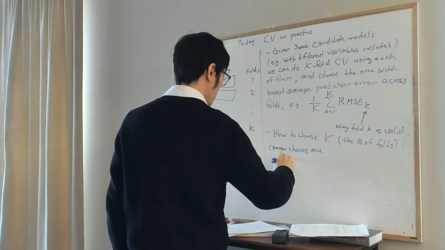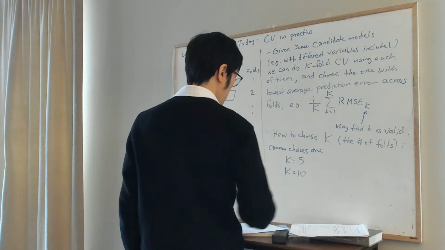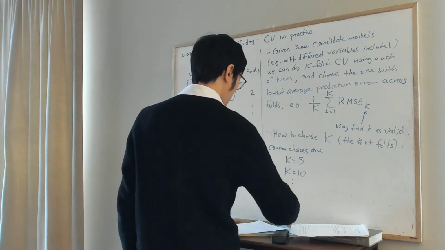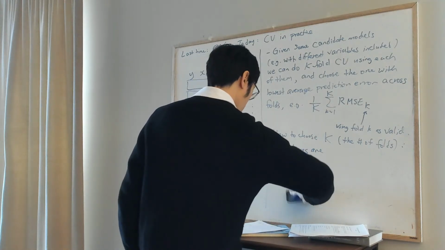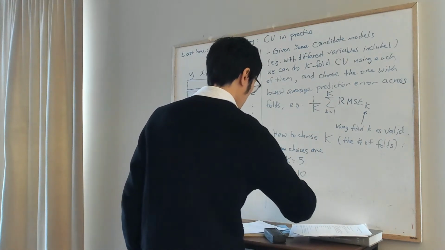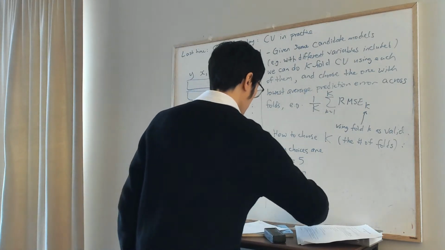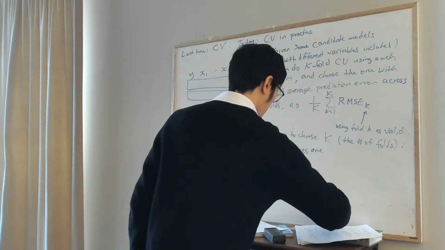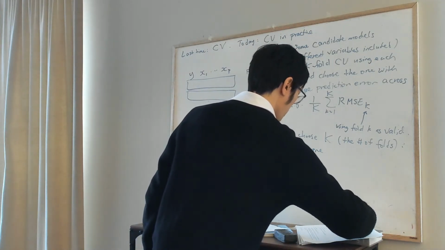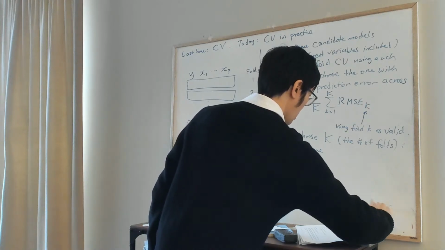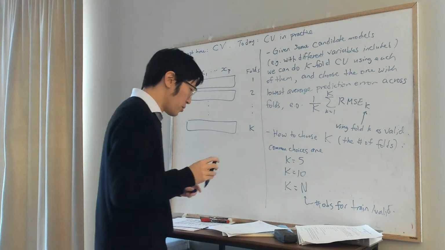So some common choices: last time we tried 5 folds, you could do 10 folds, and you can even set k equals n, where n is the number of observations we have overall for train and validation.